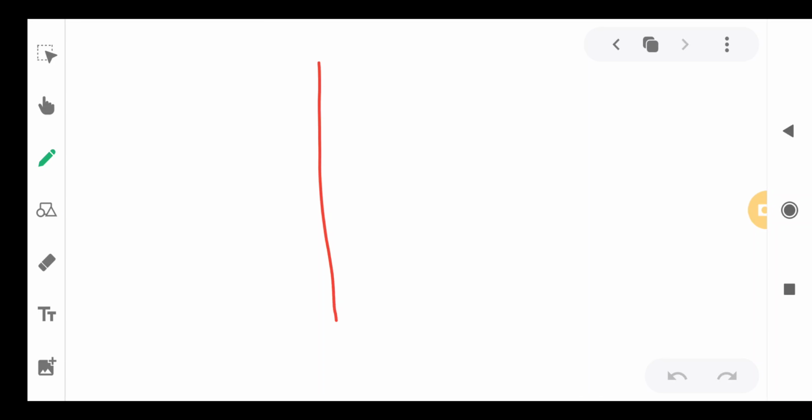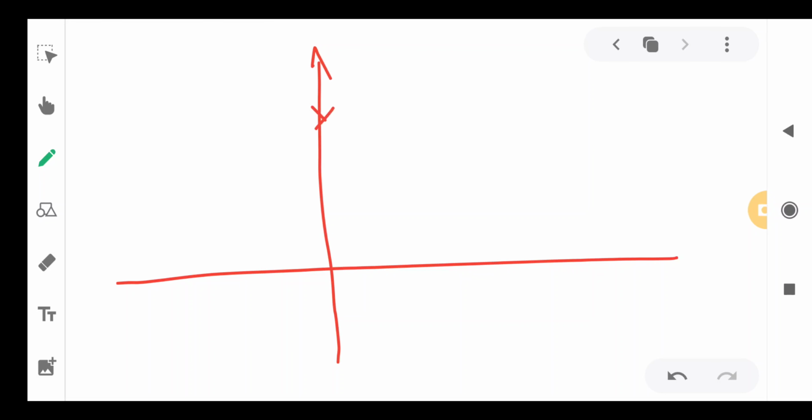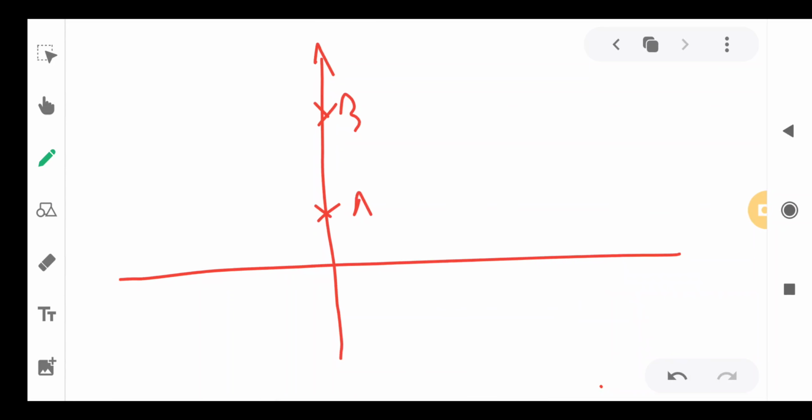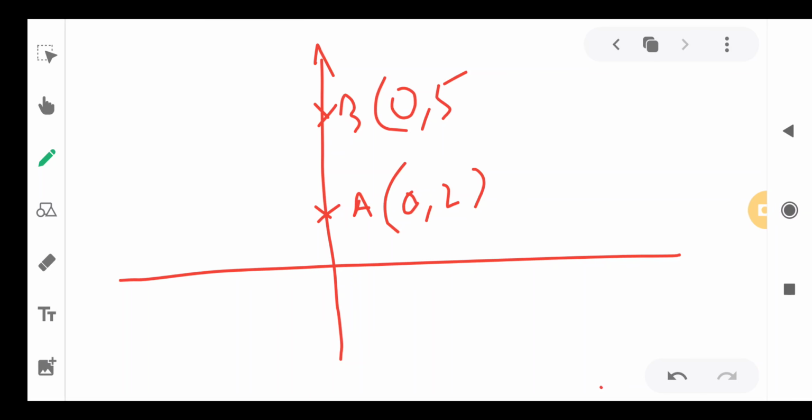Now if a line is like this, this is the y-axis. On this y-axis, this is one point, which will be A, and this is another point. This point we call 0 comma 5 and this point 0 comma 2. We are asking the distance between A and B. We know these are divided as 1, 2, 3, 4, 5. How many units are there? Just 3 units.